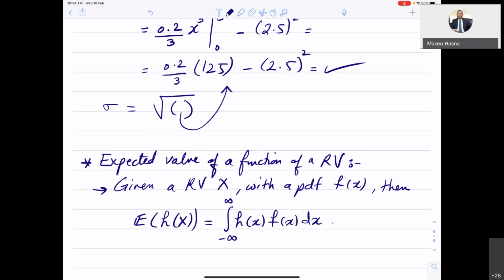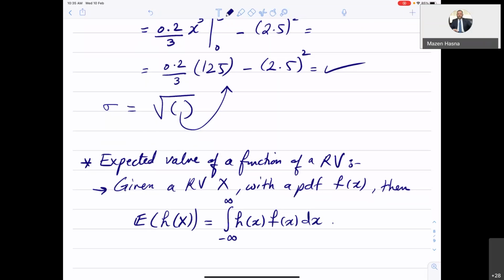Why is this important? For example, I think all of you should have done the circuit class. If the current I is random, we don't know exactly the value, especially if it's fluctuating, and you have the average of the current. If I ask you what's the average of the power over a resistance of 1 ohm, then it's I squared. So it's the random variable squared, so you are getting the expected value of x squared.